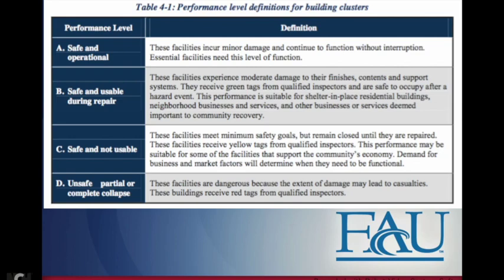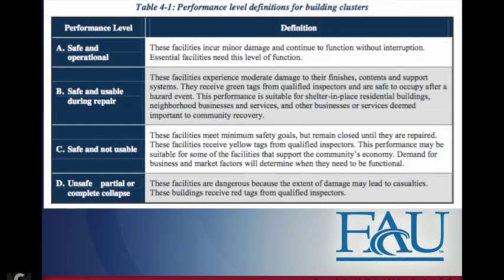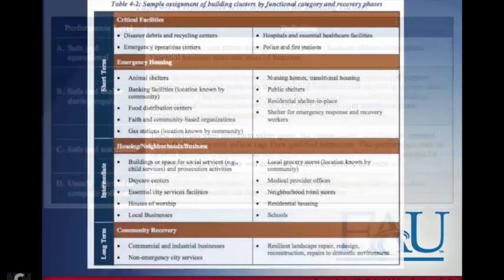So this is a rating system that is used to take a look at the damage after a disaster, or even could be used pre-disaster to anticipate what sort of damage could occur using modeling capabilities. We do have the ability to model disaster and impacts, but certainly this is very much applicable to a post-disaster scenario of what we're experiencing now.